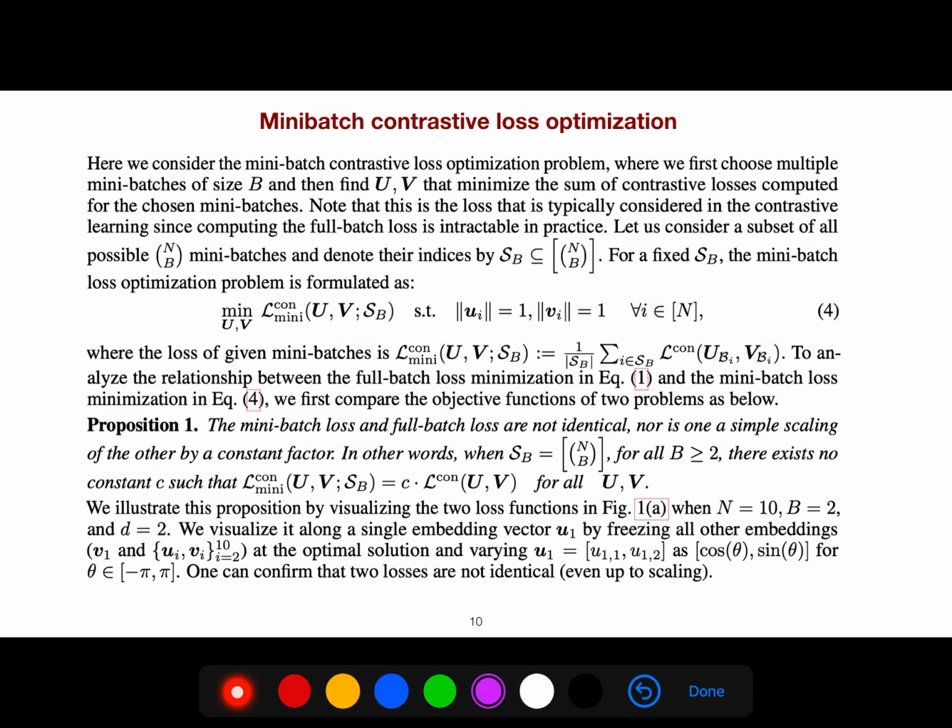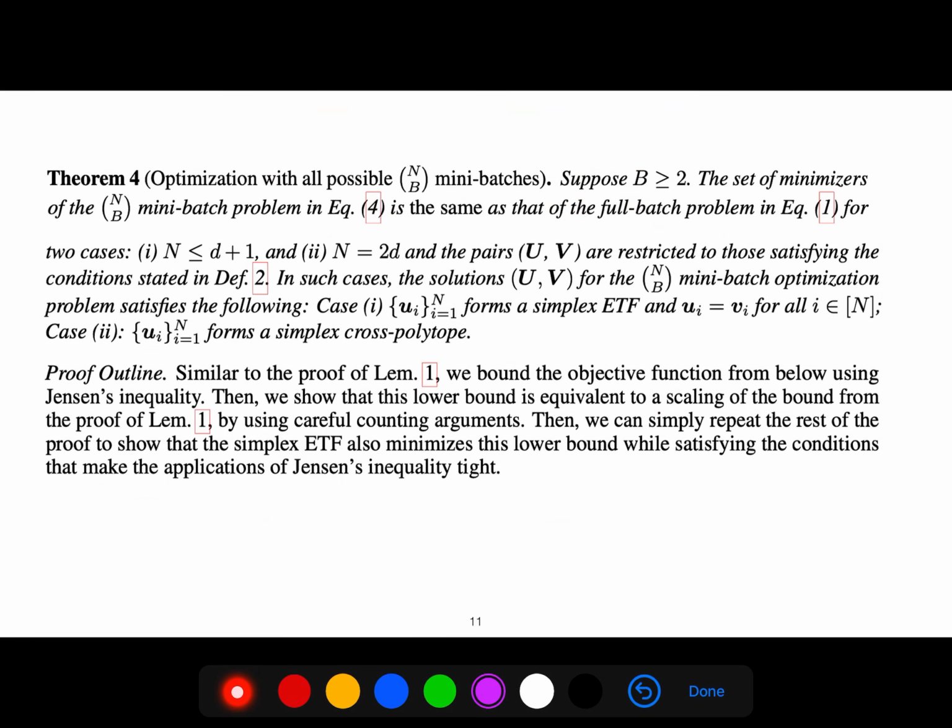So there is a proposition. And another important theorem is that the set of minimizers of the different combination of mini batch problem is the same as that of the full batch problem for two cases, for this case and this case, and the pairs are restricted to those satisfying the conditions in definition 2.